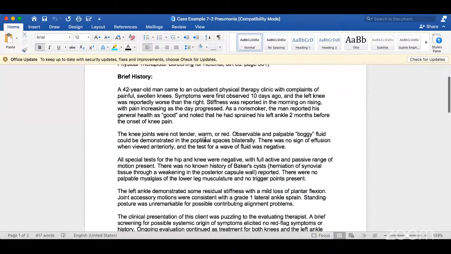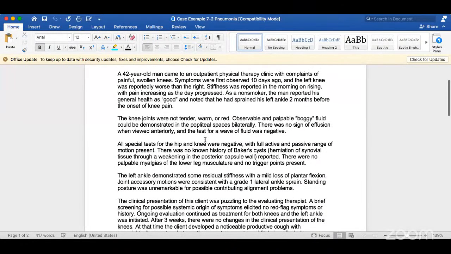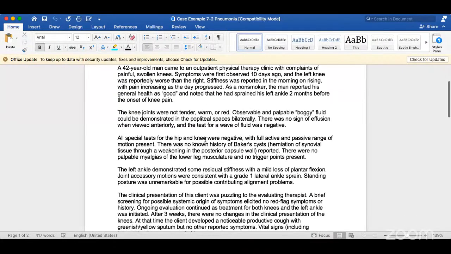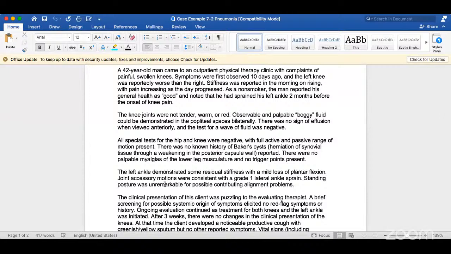I think we don't need, let's start from the brief history. This is a case about pneumonia. So it's also pulmonary. Can someone help read?